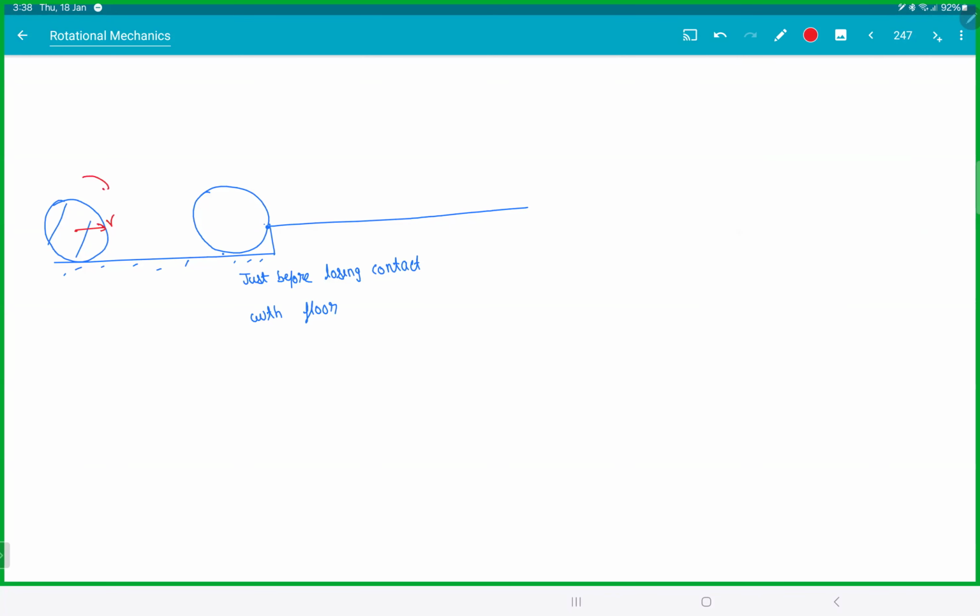So this is V and omega. So about this point A, this thing starts going in a pure rotation omega dash, isn't it? So torque about A is 0. So L about A is conserved.